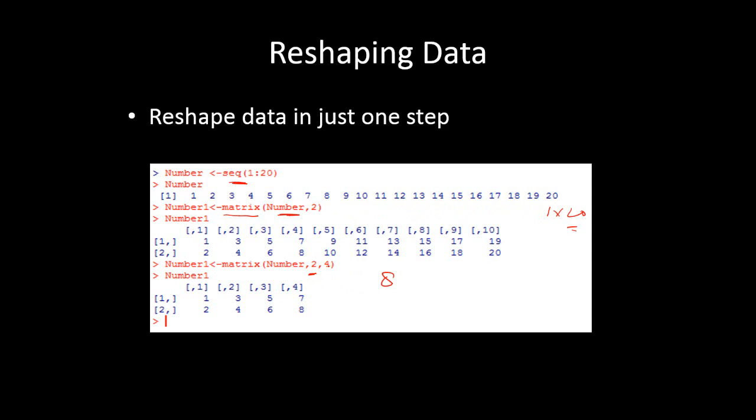So you can make it 4 by 5, or a 10 by 2 matrix, or a 2 cross 10 matrix, and you can reshape this matrix into different forms in just one go, right? It's very useful in handling data when you try to modify the data into some form. Just one command and it gets modified very easily, right?